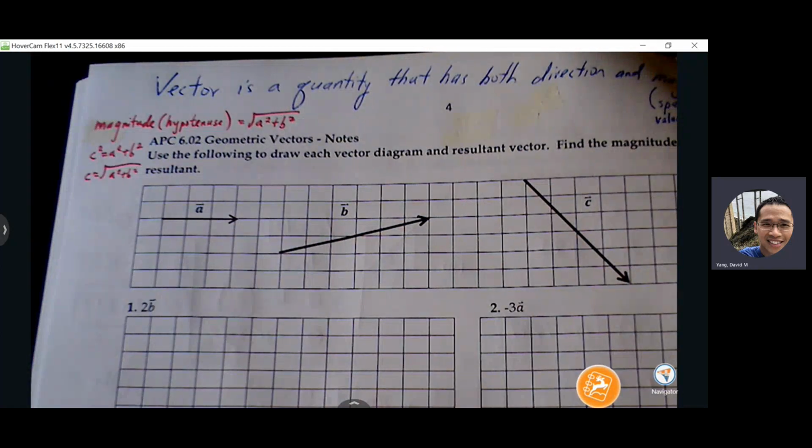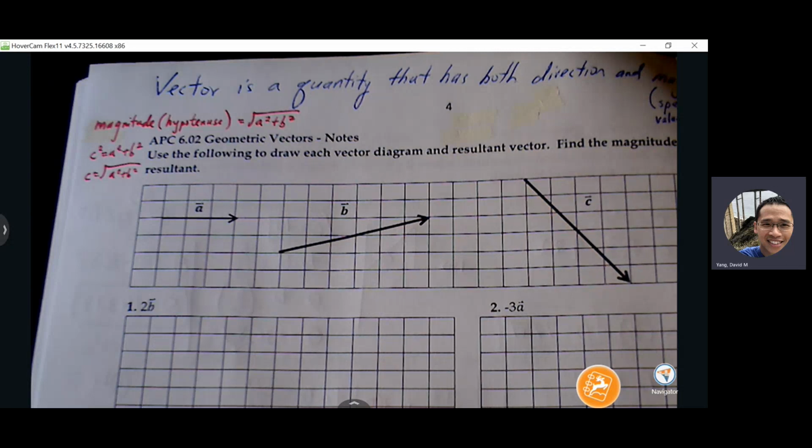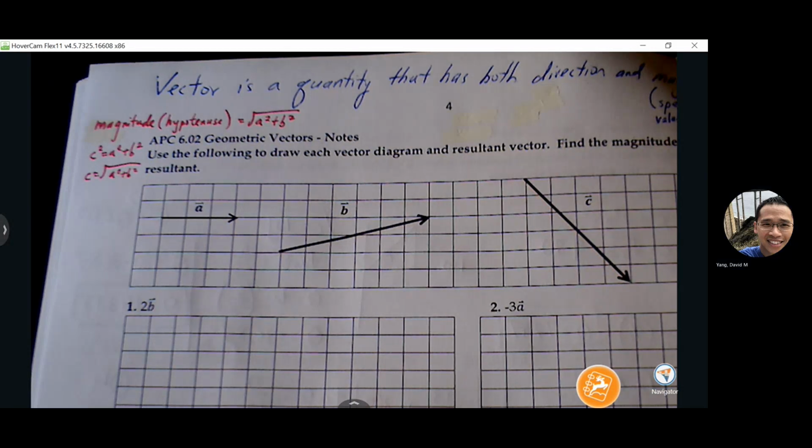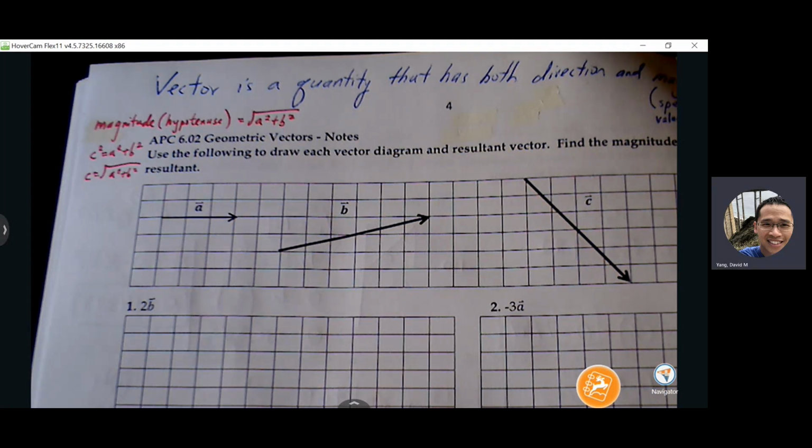I want to talk more specifically about the magnitude. Yesterday, we focused our attention on using the Pythagorean theorem and trig to figure out theta and figure out the hypotenuse. That's going to come into play a lot.